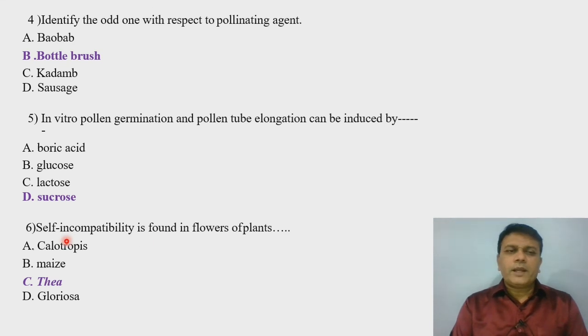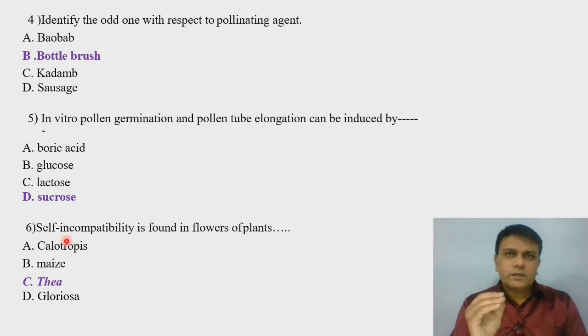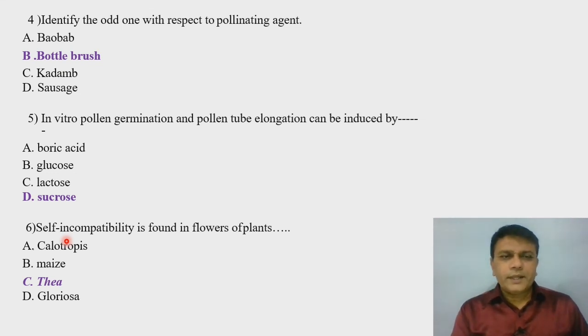Now self incompatibility is the phenomenon in which, in certain cases, the pollen grains from the anther in the same flower may be pollinated to its stigma, or they may be transferred to the stigma of its own flower. Then in such cases, the pollen grains do not germinate, or they are prevented from germinating.